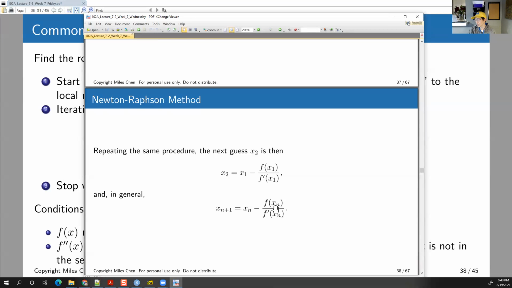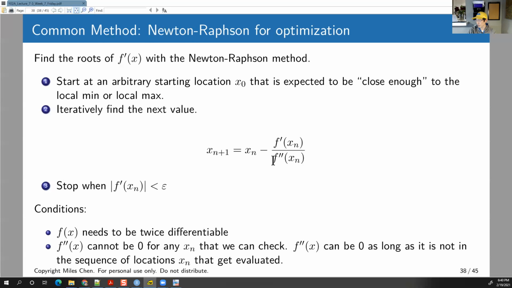Now we're trying to find the roots of f prime, so x at time n plus 1 is x of n minus f prime of x divided by f double prime of x, because we're just trying to find the roots of f prime of x. We're going to stop when f prime of x is close enough to 0, so when the absolute value of f prime of x is less than some epsilon value, then we'll stop.